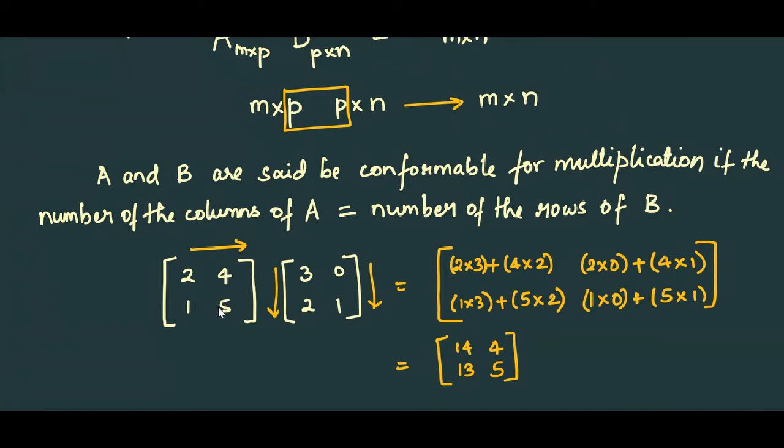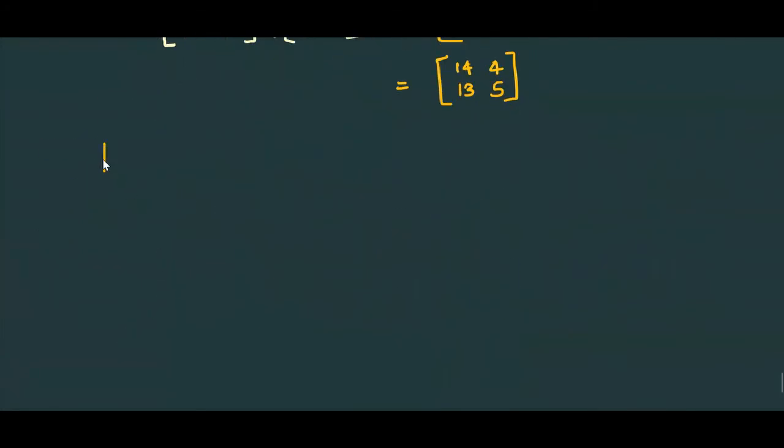Okay. Now, properties of multiplication. Here, likely questions. First, addition was commutative. Property: multiplication is not commutative.